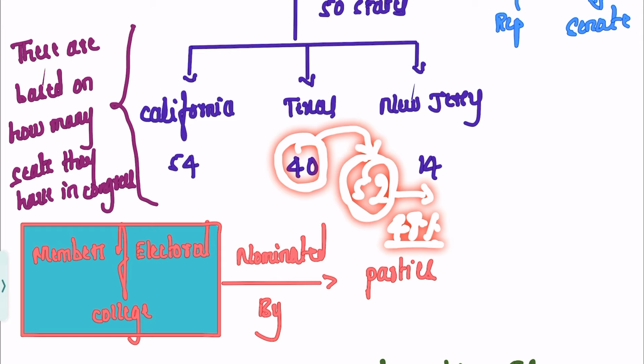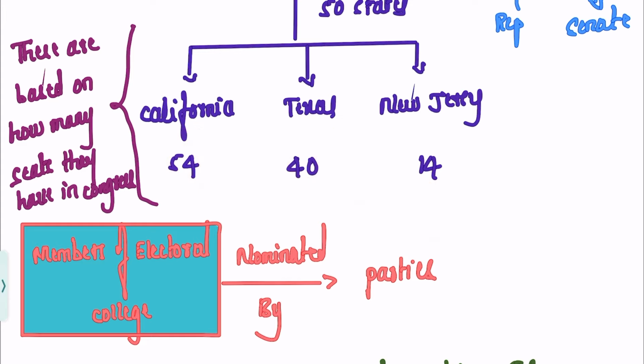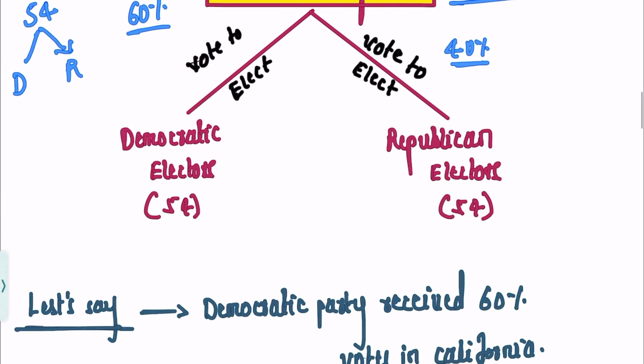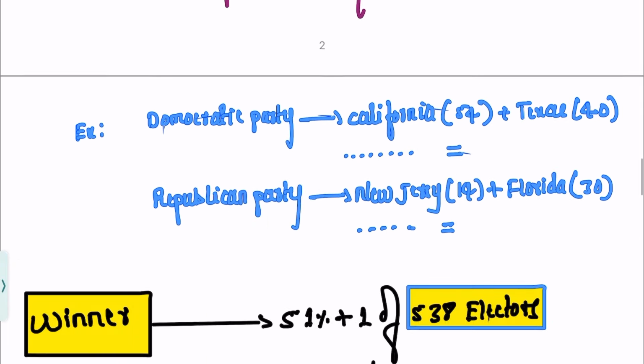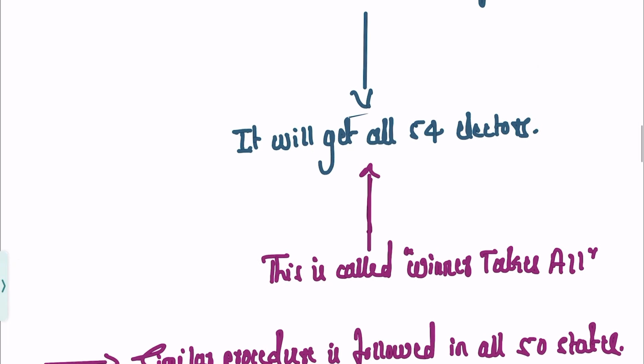The Republican Party, because the Republican Party has secured 52% of the vote share. Got it? So these 54 votes went to the Democratic Party, these 40 votes went to the Republican Party because they secured majorities in these states. Understood? So this is the winner takes all method.